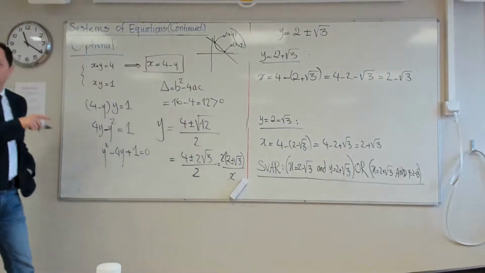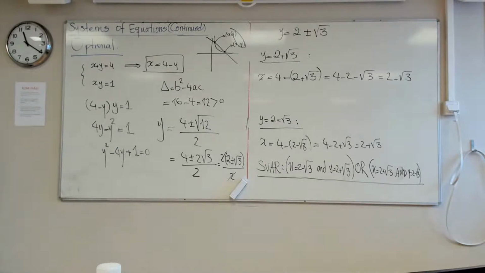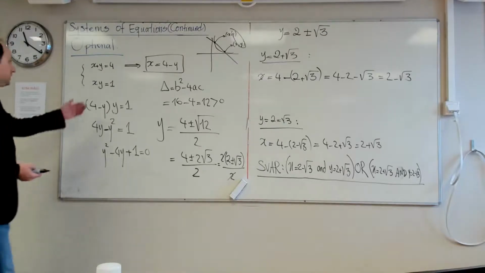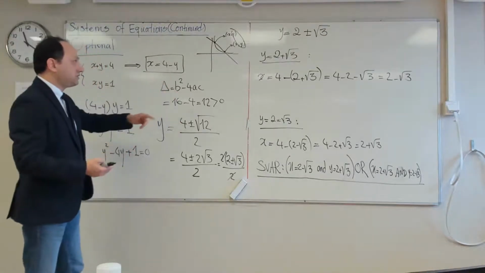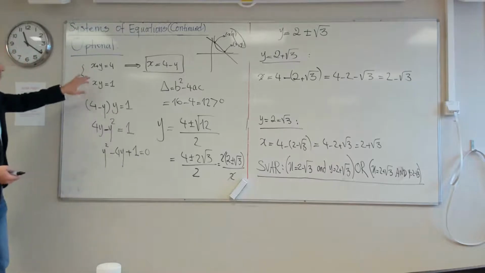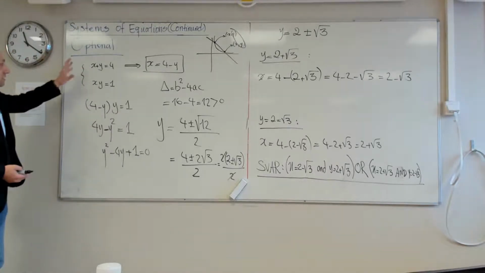Yes? The problem ends at this point. You have to write all of it. Okay, is that understandable? And I don't think it's hard at all. Why this is absent in your book, I don't know. So this is not a standard system, but you see that the method of elimination, the strategy was working here.